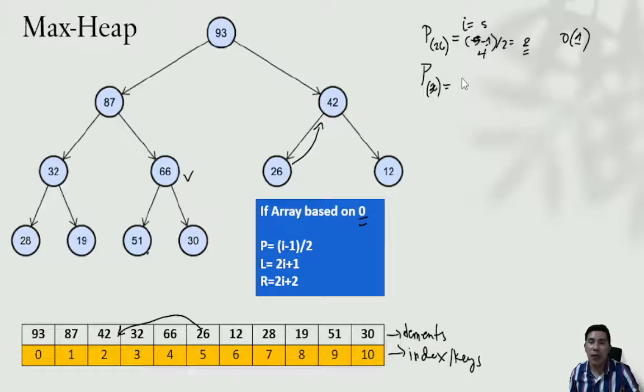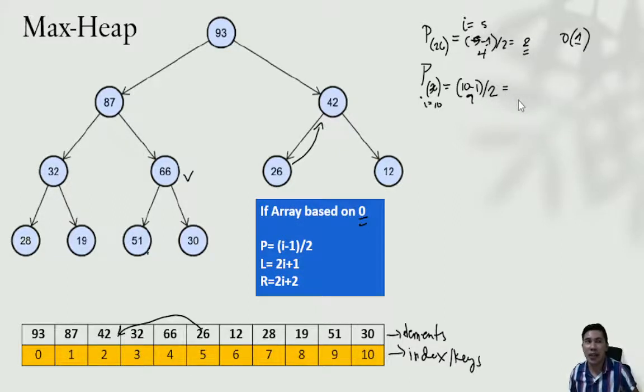However, to do it in a program, we'll need to follow the formula. The index value of 30 is 10, so you substitute 10 in the formula, (10 - 1) / 2. That is 10 minus 1, 9, divided by 2.